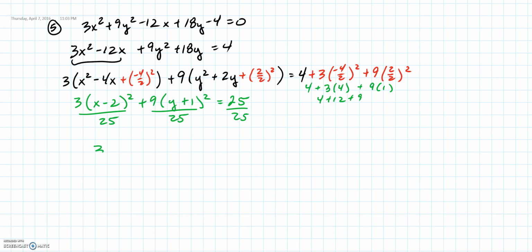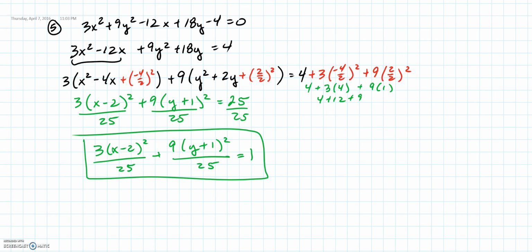But we get 3 times (x minus 2) squared over 25 plus 9 times (y plus 1) squared over 25 is equal to 1. I would personally say leave it like this, if you want to, just so that there's no other numbers up here, no coefficients.